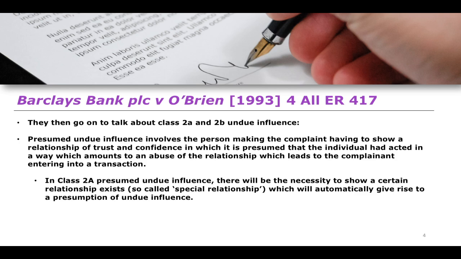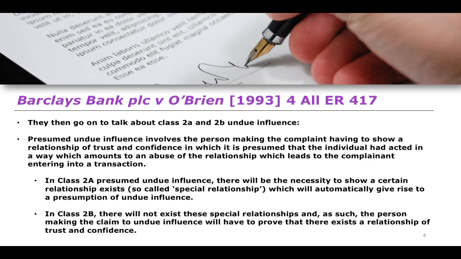When we talk about a class 2A presumed undue influence, there will be a necessity to show that a certain relationship exists. And if you can show that this relationship exists, this so-called special relationship, then this will automatically give rise to an assumption or a presumption of undue influence.